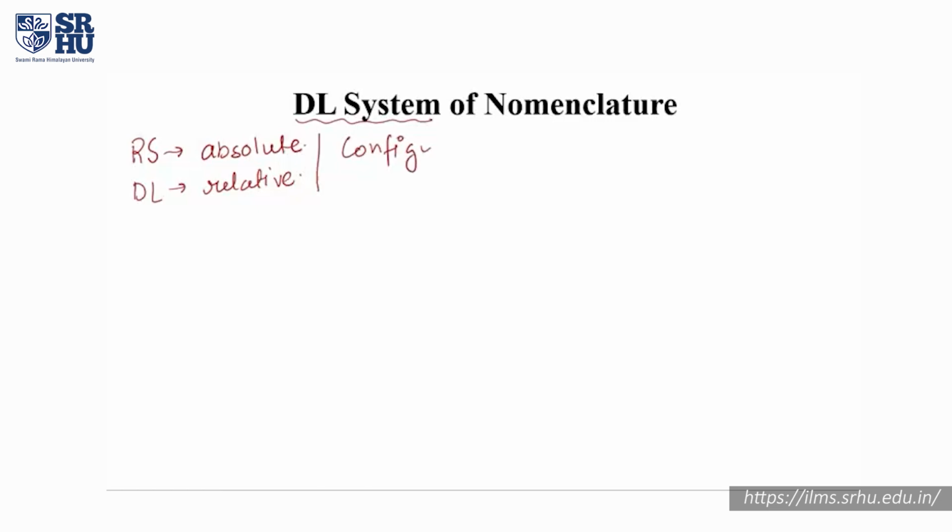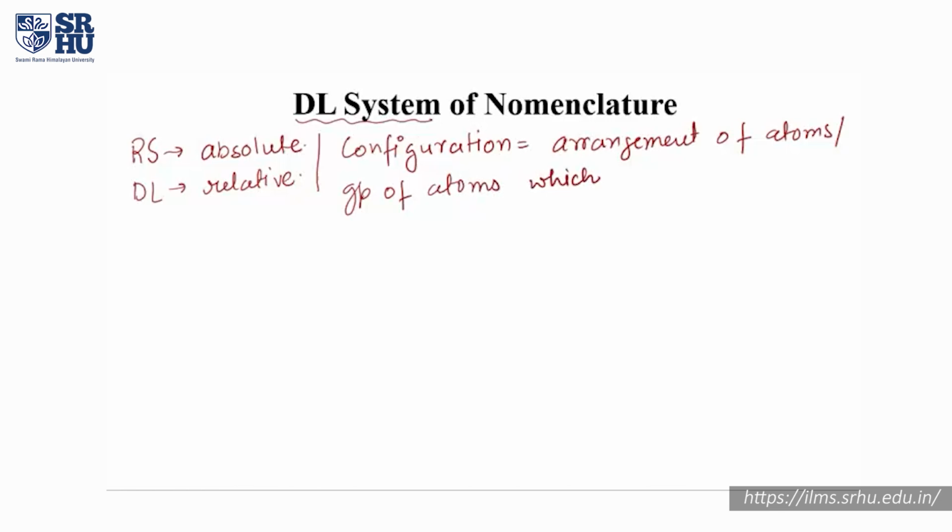We must know what configuration is. Configuration means the arrangement of atoms or group of atoms which characterizes a particular stereoisomer.